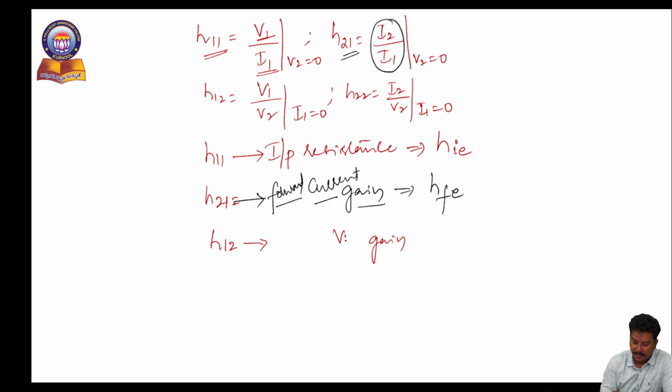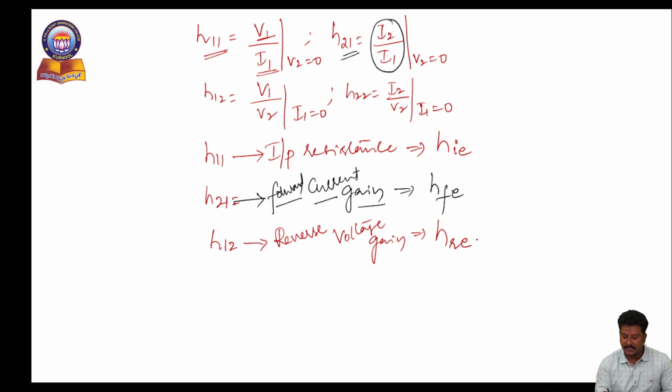That's why it is called the voltage gain. Actually, if I take the numerator as output and the denominator as input, then it is an actual calculation of a gain. But it is reverse. That's why it is called the reverse voltage gain. It is defined as hr, and since we are using the common emitter configuration, it is defined as hre.